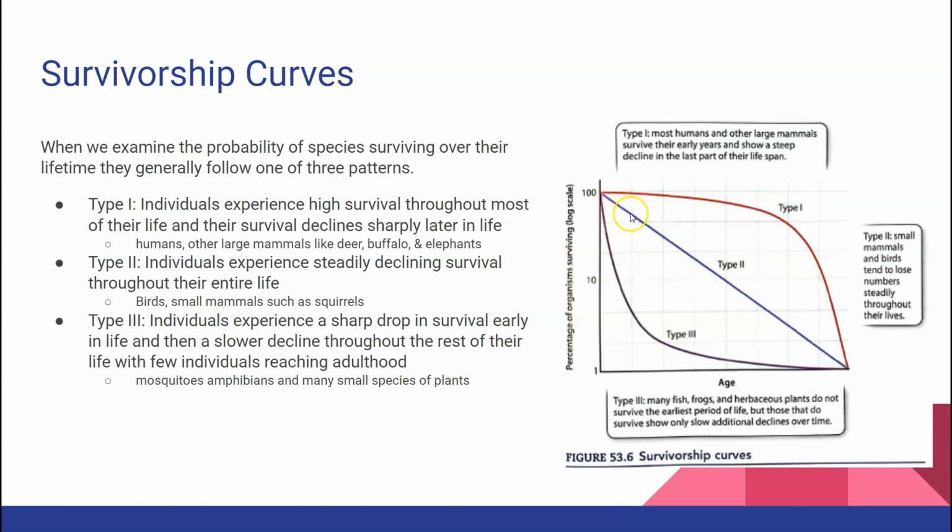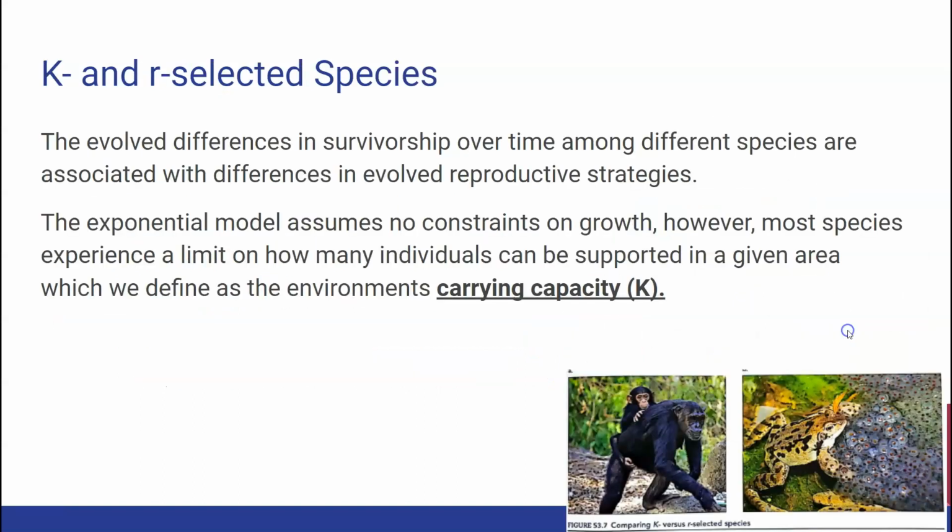Type 2 individuals, typically like small mammals and birds, tend to lose numbers steadily throughout their lives. And then we see type 3 individuals, which experience early life mortality, and then that levels out, and then they die at an older age. So insects, amphibians, many small species of plants.